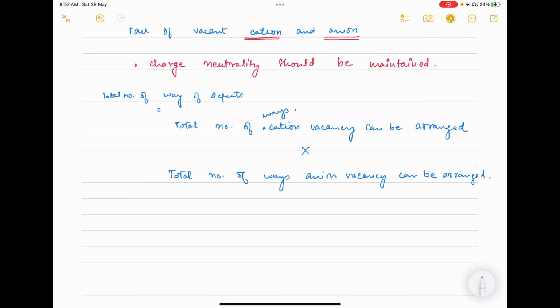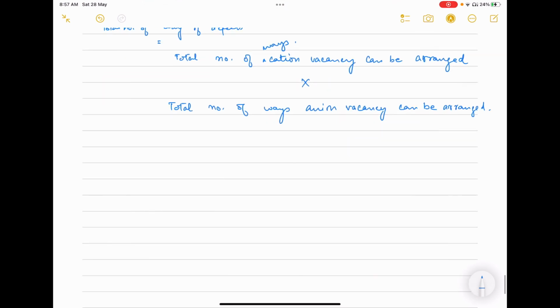So this results in an expression for ΔS configuration, that is kB ln Ω. So that Ω is (N+nc)! divided by N! into nc!, into (N+na)! divided by N! into na!.